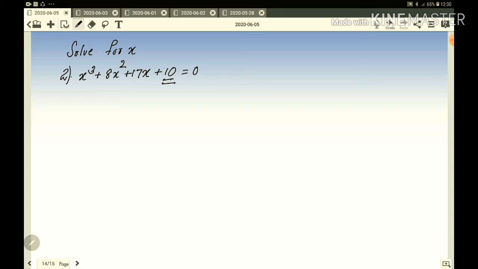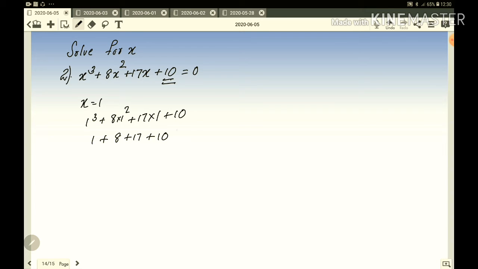When x is equal to 1, what will I get? Let's see. When x is equal to 1, it is going to be 1 cubed plus 8 times 1 squared plus 17 times 1, then plus 10, isn't it? So it's going to be 1 plus 8 plus 17 plus 10.